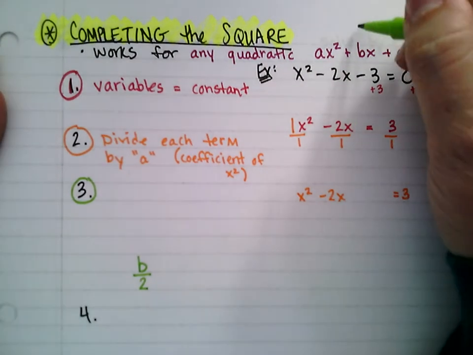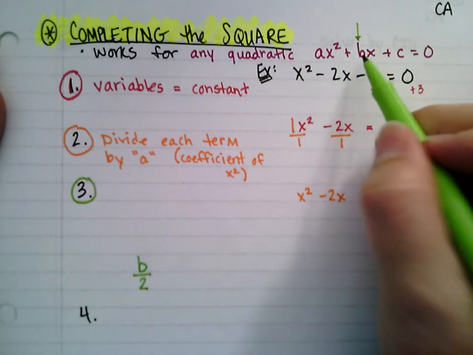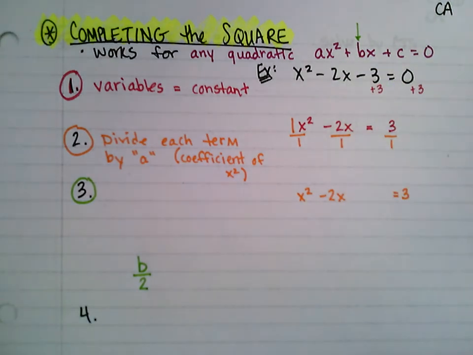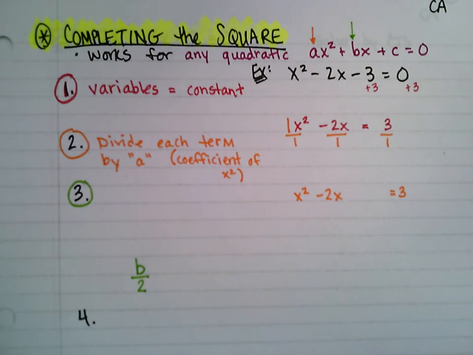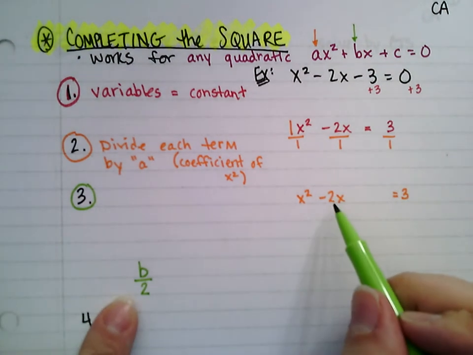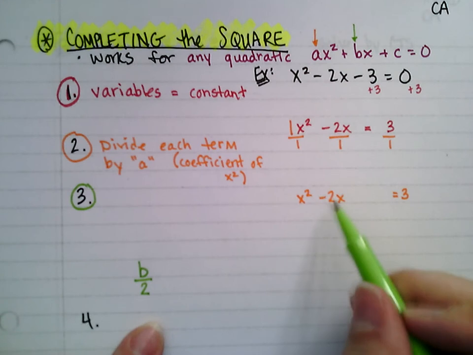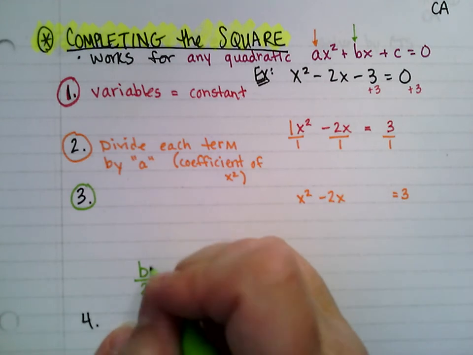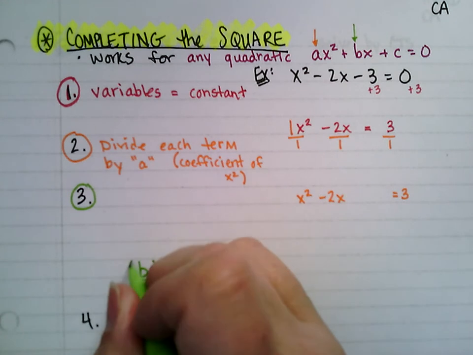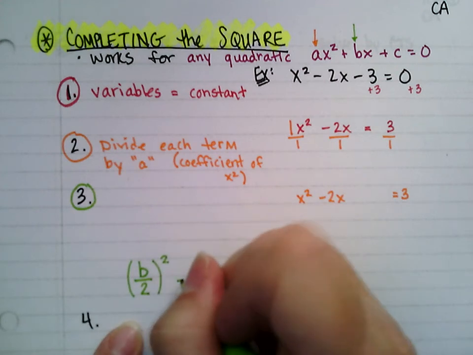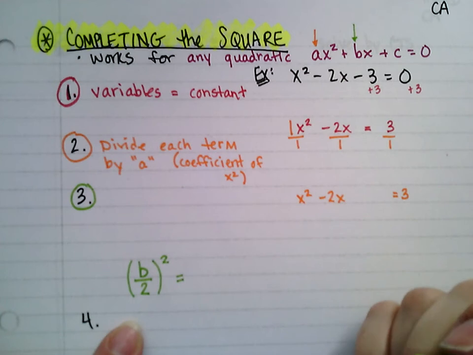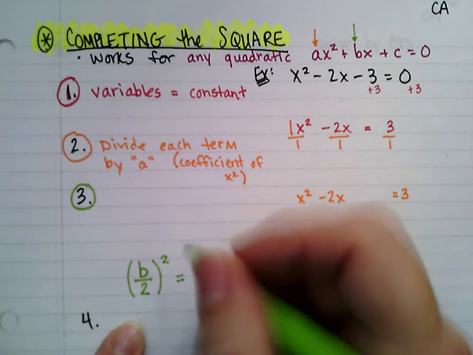B is this guy in ax squared plus bx plus c equals 0. But it's whatever your new b is. So it's going to be negative 2 in this case. So we're going to divide b by 2. Then we're going to square it. And that's going to tell us the magic number that completes the square.